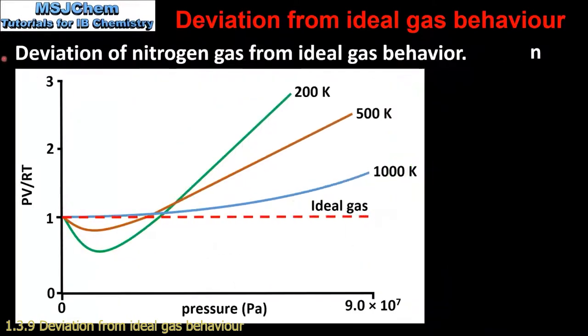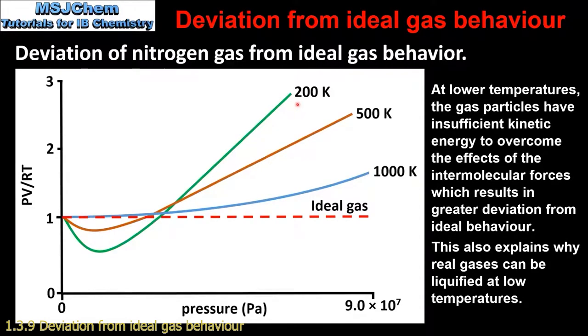So far in this video, we've considered the effects of intermolecular forces and pressure on the deviation of a real gas from ideal gas behavior. Next, we'll consider the temperature. At lower temperatures, the particles in a real gas have lower average kinetic energy, and the particles of a real gas at higher temperatures have higher average kinetic energy.